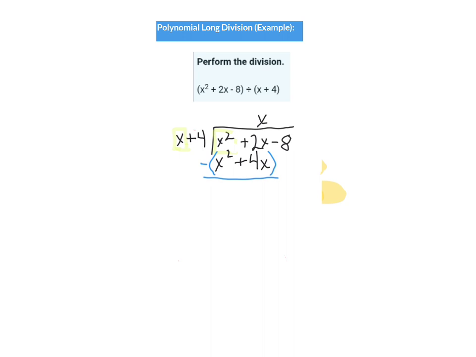In other words, we're going to have 2x minus 4x. So we'll have plus a negative x squared and a negative 4x. The result of that, 2x minus 4x, would be negative 2x. And then x squared minus x squared is 0, right? We don't have to write that. The next thing we do is bring down the next term in our dividend. So we'll have minus 8.